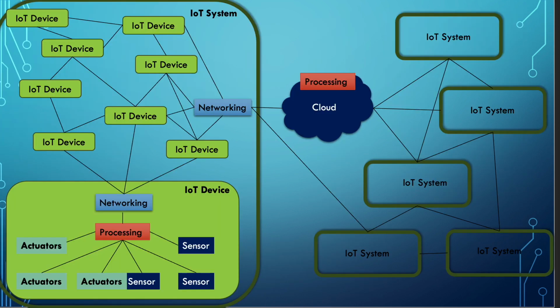You can now see that each IoT device is made out of one or more sensors, right? Those sensors will be producing raw data all the time. Not only that, IoT devices are also made out of actuators, right?